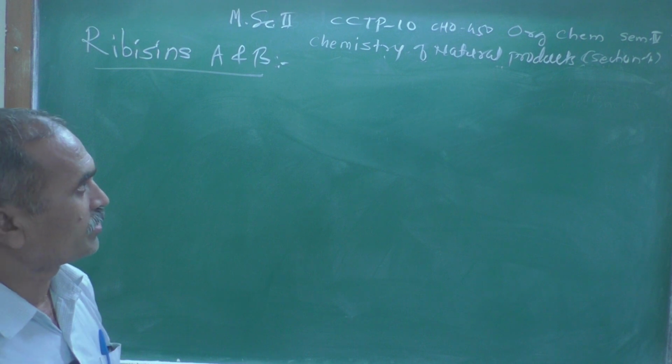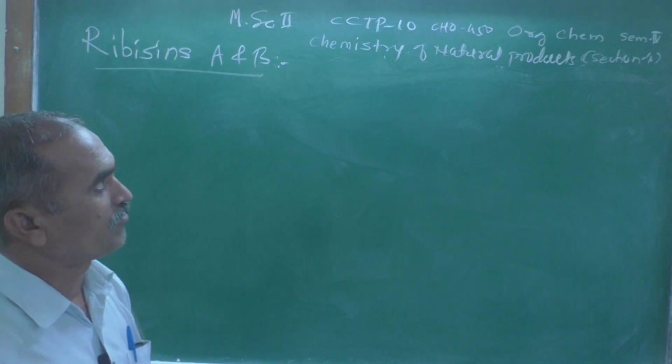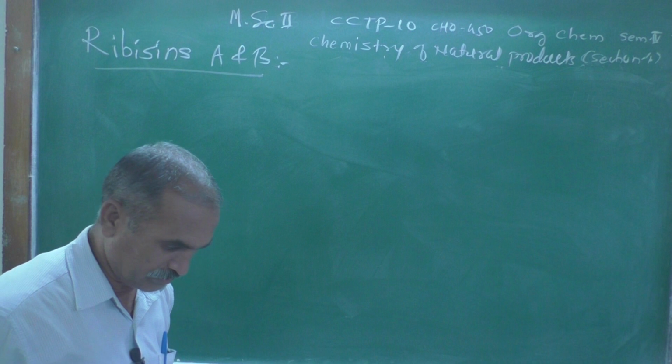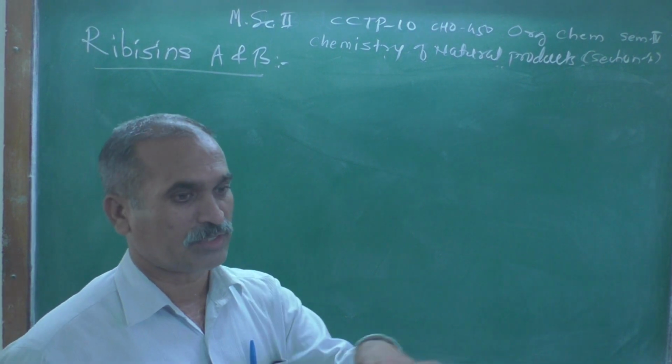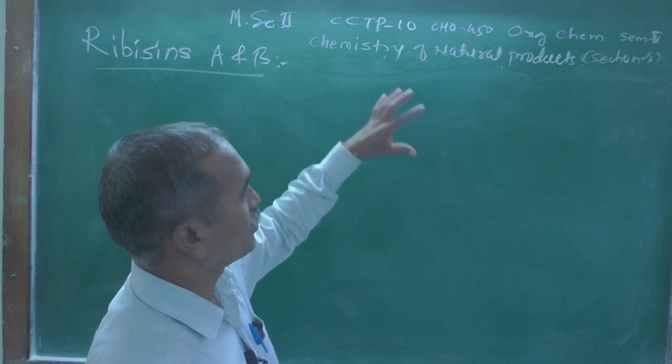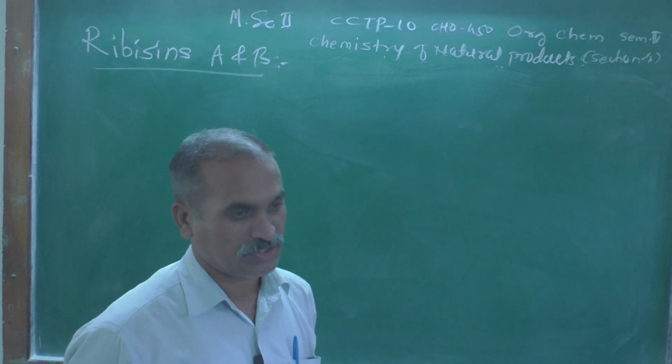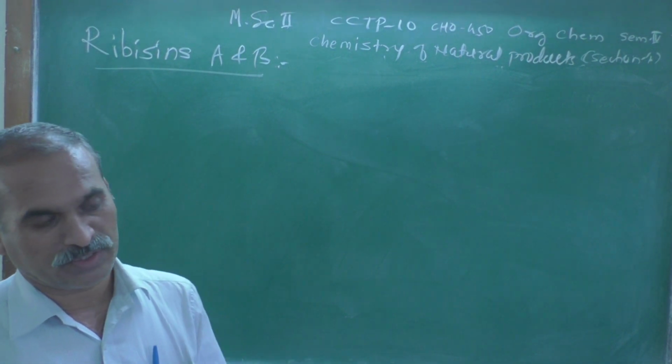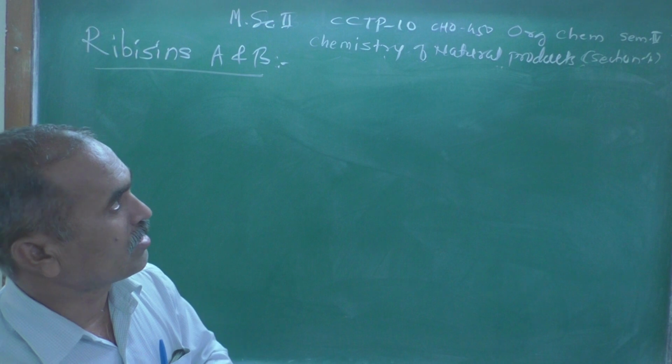The name of the course is Chemistry of Natural Products, and every course has two sections, section first and section second.